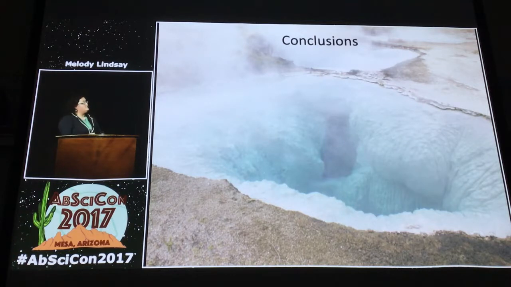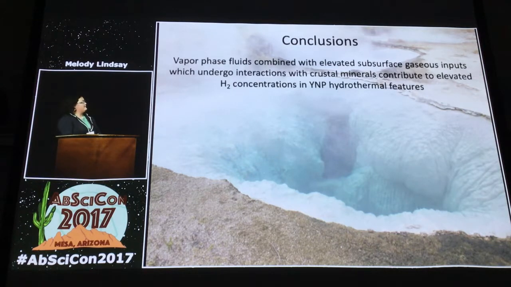Just some conclusions from this work so far. The vapor phase fluids combined with elevated subsurface gaseous inputs, which undergo interactions with crustal minerals, will contribute to elevated hydrogen concentrations in Yellowstone National Park hot springs.